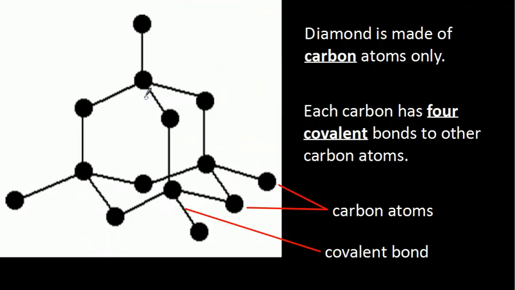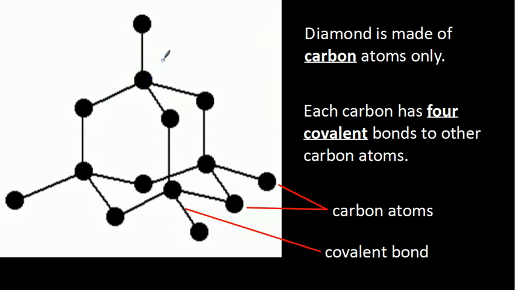What I'd like to do now is look at a giant covalent molecule. I've already mentioned it, but diamond is one of them. Diamond is made up of carbon atoms only. So in our picture, each of these black circles represents a carbon atom.